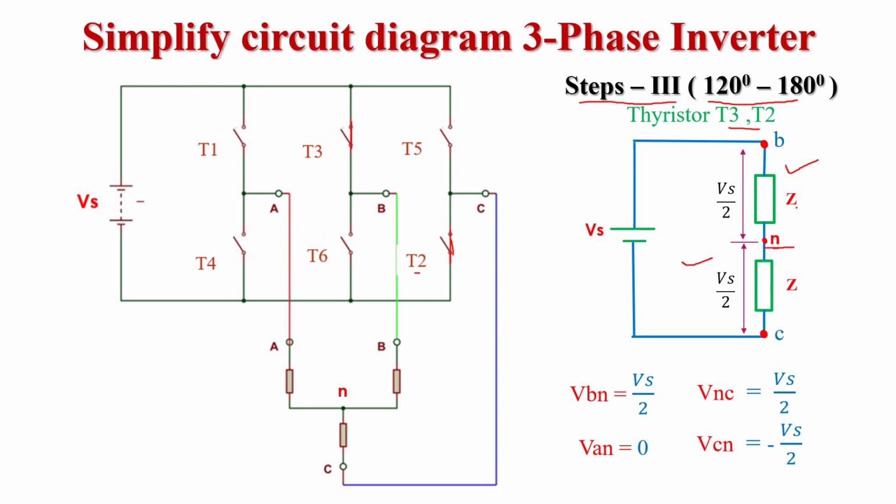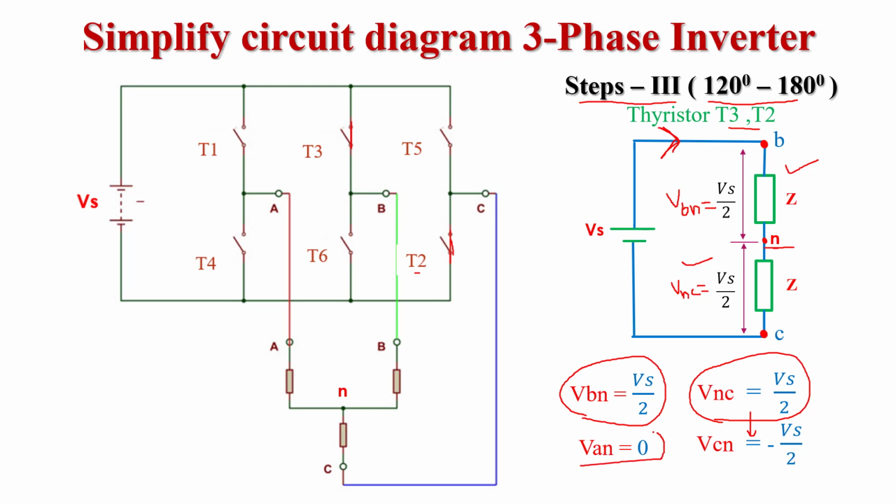Both impedances are equal, and if current flows in this direction, the voltage VBN equals VNC, that is Vs by 2. Because both impedances are equal, the voltage division is also equal. If we want to calculate VCN, that is minus Vs by 2 because current flows in this direction.